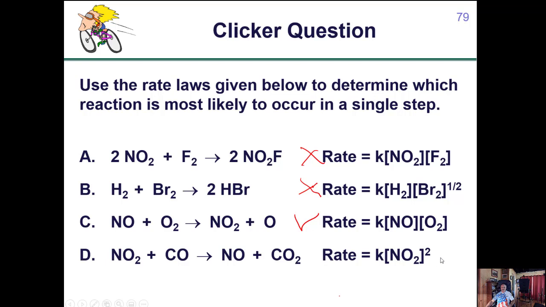And there's no carbon monoxide in our rate law. So if this were the elementary step, if it were only a single step reaction, it's reasonable to suppose that carbon monoxide would not be zero order in the reaction. And this is what kills it. This is coefficient of 1, and this is second order. So that is not a match.